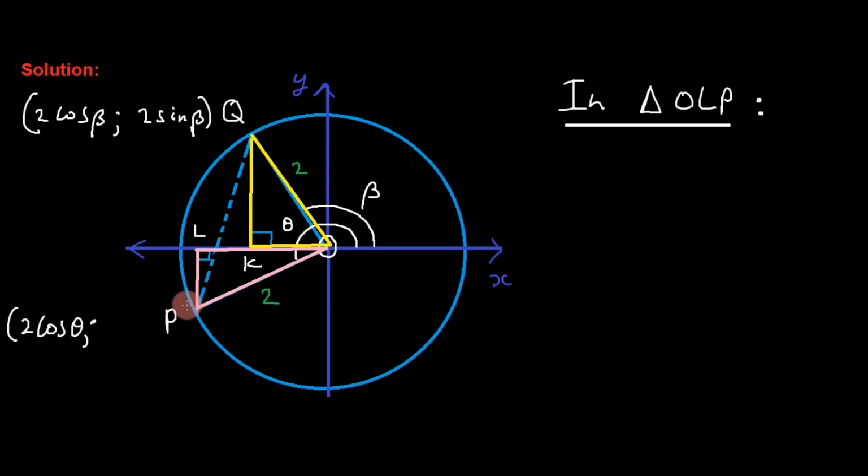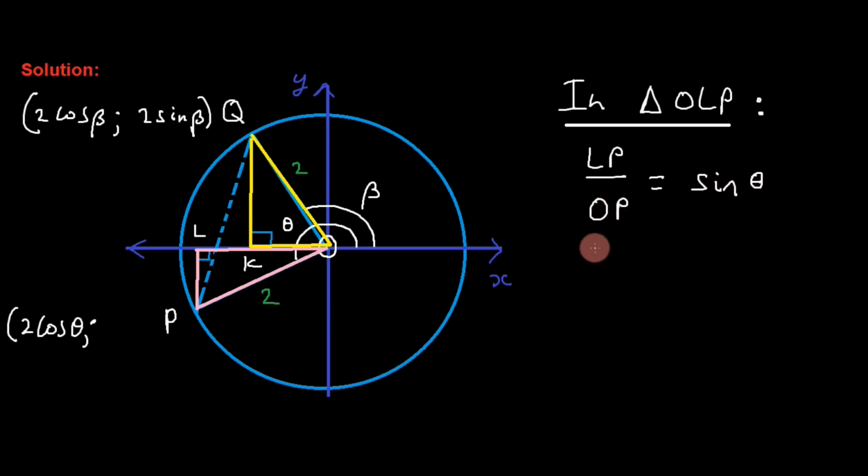We said the y-coordinate at P is given by LP. So then LP, which is the opposite side to angle theta, LP over OP. And OP, of course, is the radius. So we have the opposite over the hypotenuse. We know that this is going to be the sine of theta.